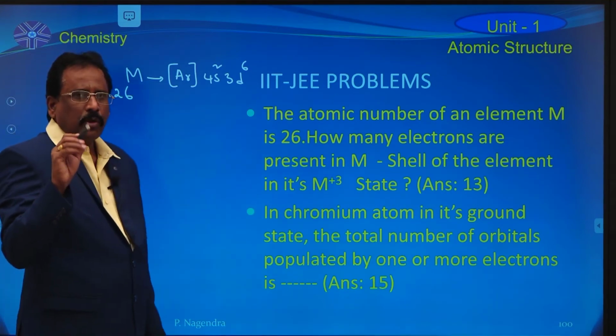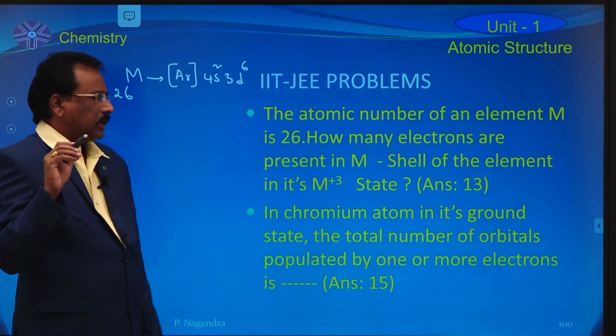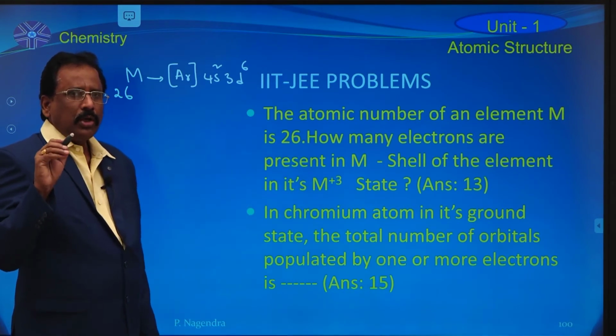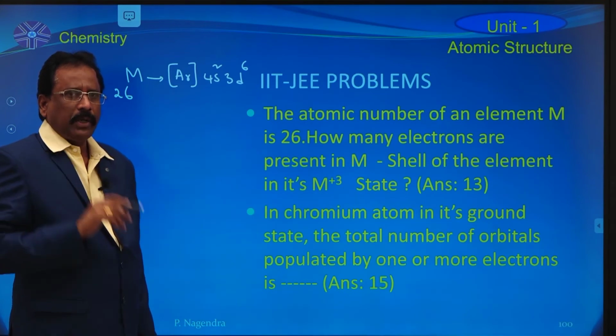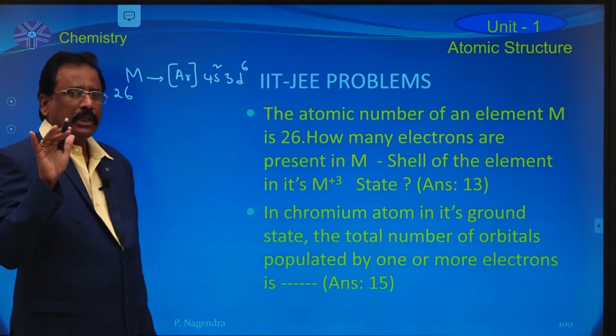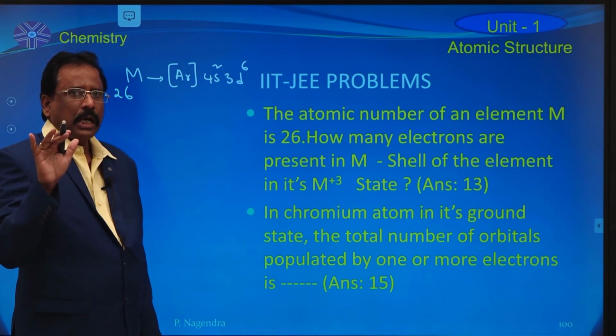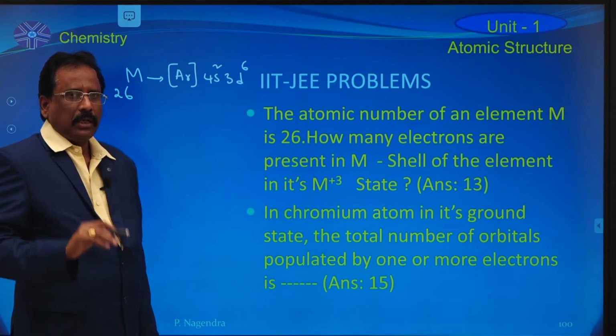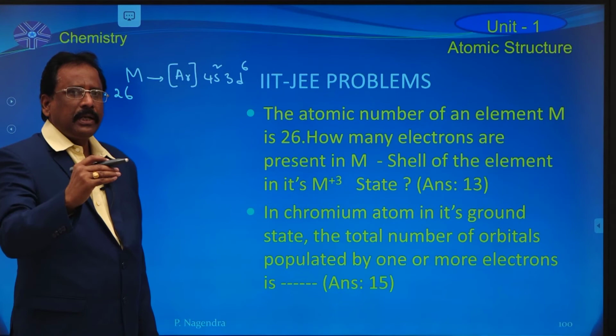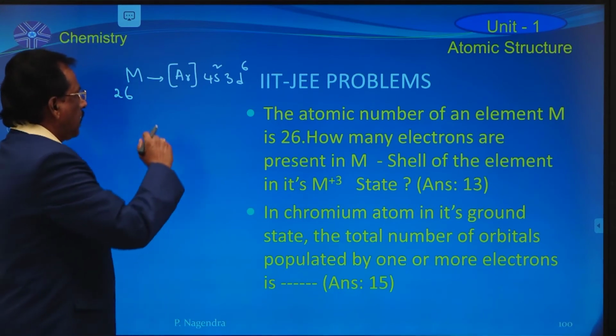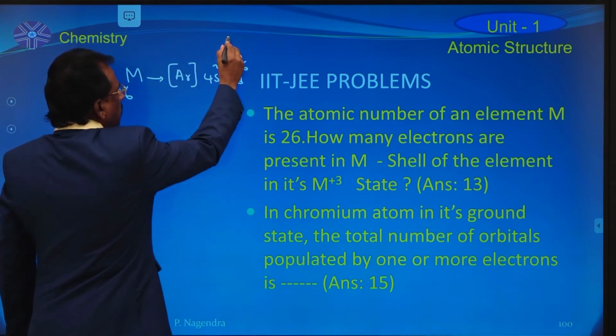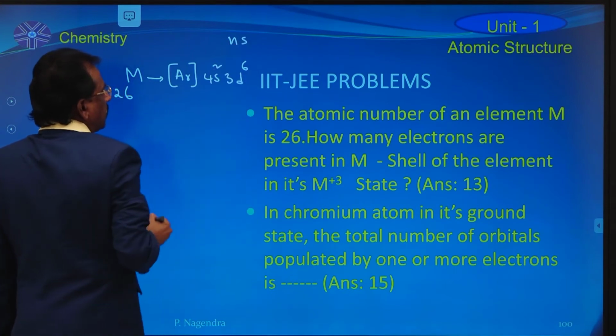A very important point in this question is, if you want to remove electrons from any d block element, first remove the electrons from the outermost orbital and then the penultimate orbital. Here the outermost orbital is ns.